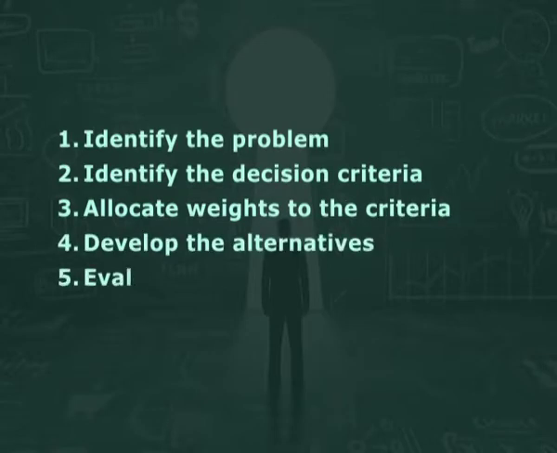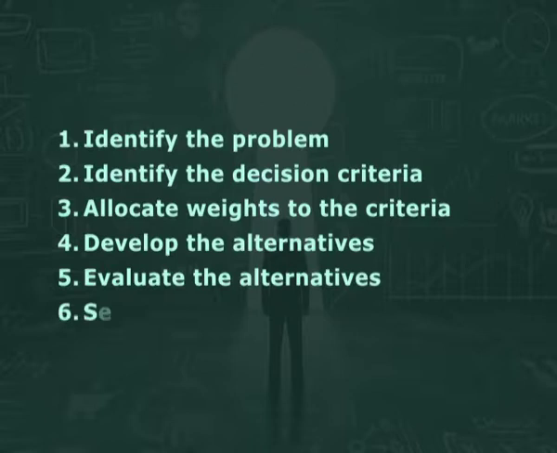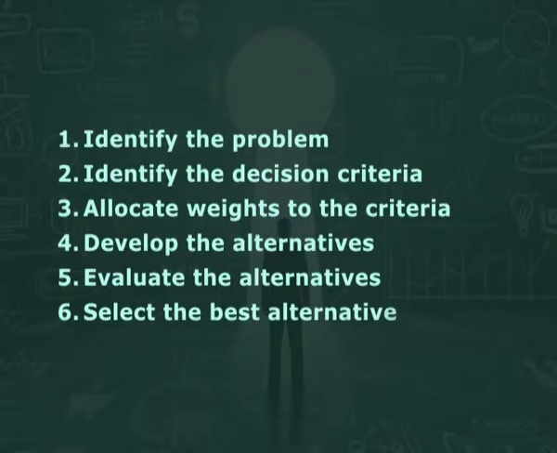Develop the alternatives. Evaluate the alternatives. Select the best alternative. The model relies on a number of assumptions, which include that the decision maker has complete information about the situation, is unbiased, is able to identify all the relevant options, and can conclude with the best option.